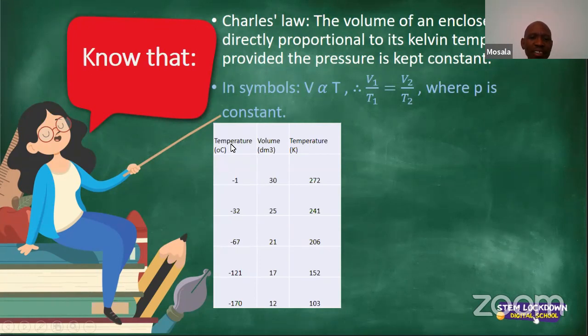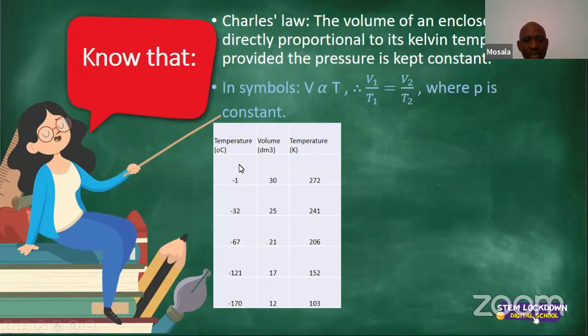And then we can have temperature, volume, and then this temperature, remember that I've said that it must be converted to Kelvin scale. So converting this to Kelvin scale, you have to add 273 to the value of your temperature in degrees Celsius.